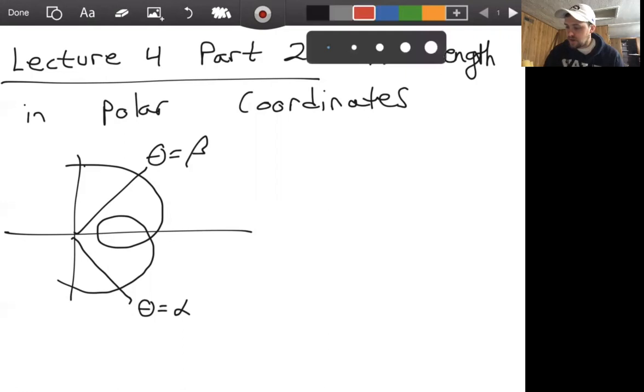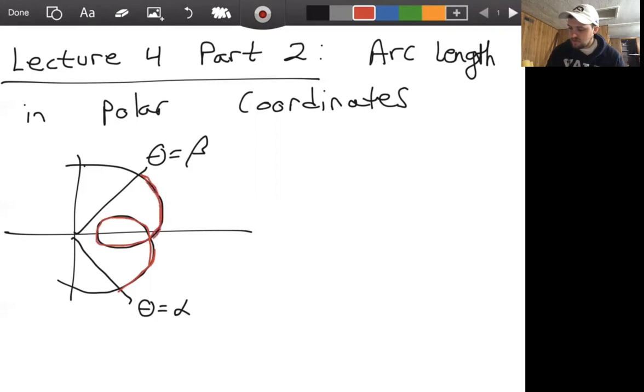We want to understand what the length of the curve is. So what is the linear distance that constitutes this section of the curve? That's what we're going to be looking at. We're going to see how we can derive a formula for arc length, but now in polar coordinates.